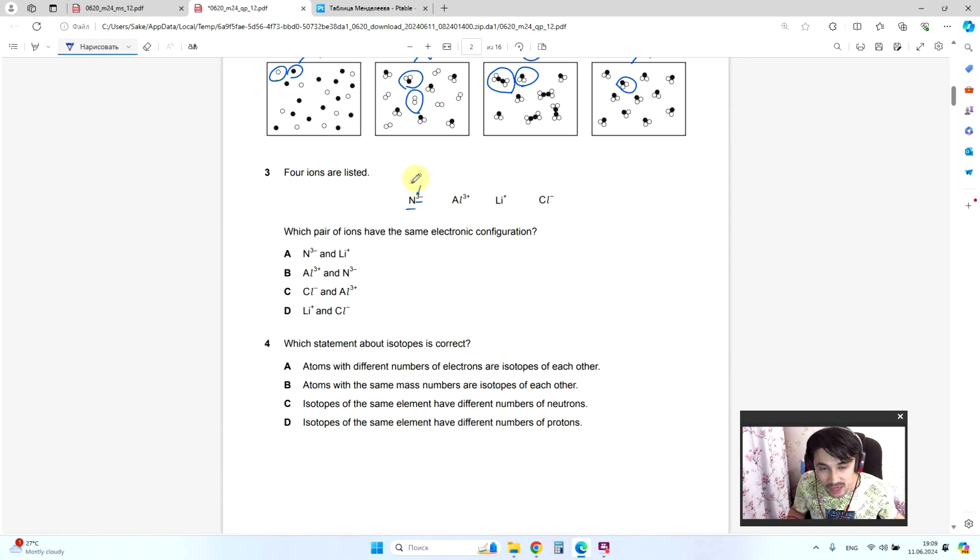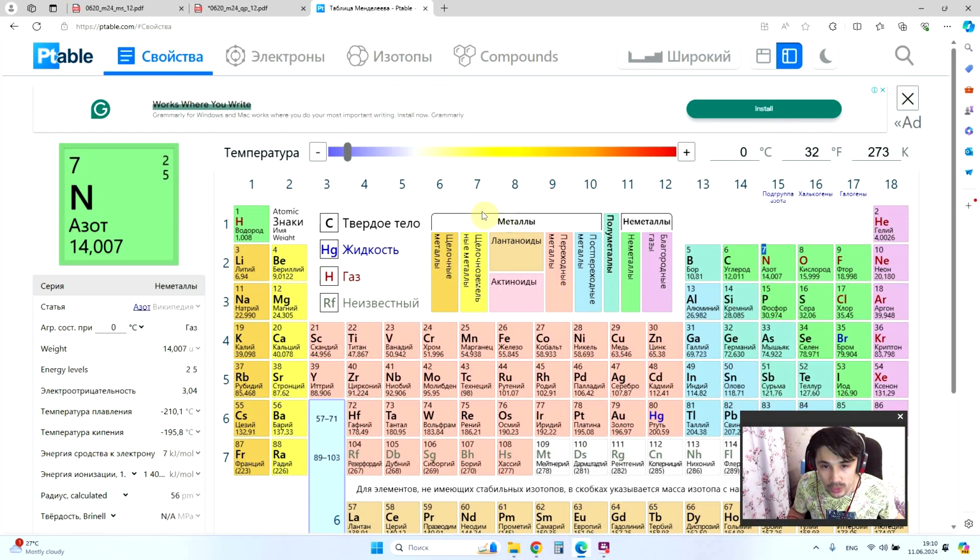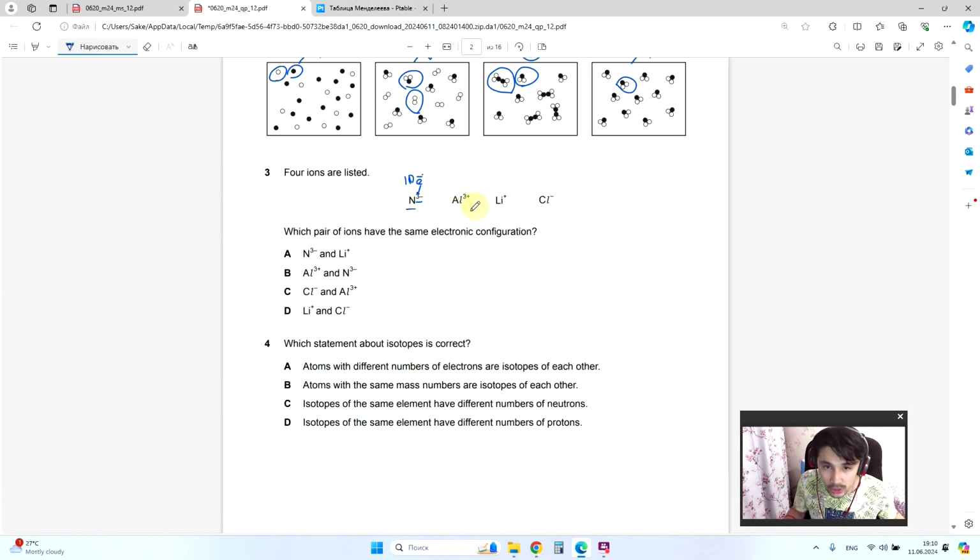So 7 electrons initially in nitrogen plus 3 electrons gained gives us 10 electrons. Okay, let's look further to aluminium ion. So we have aluminium atom with 13 protons and 13 electrons, but we don't have an atom.